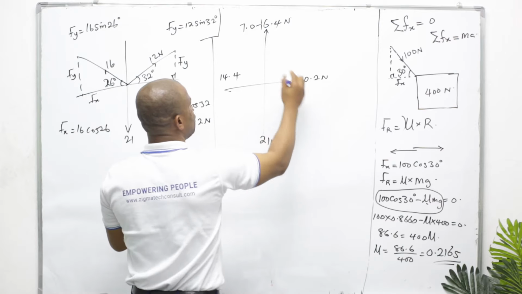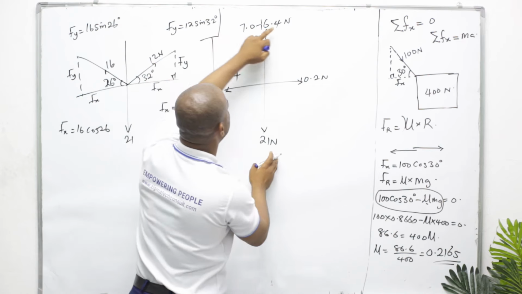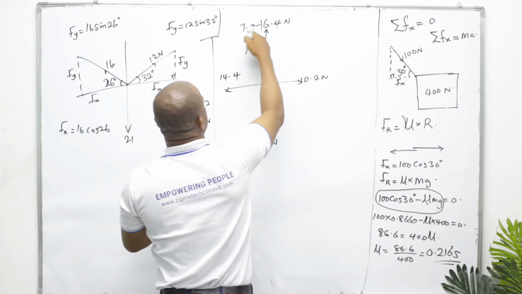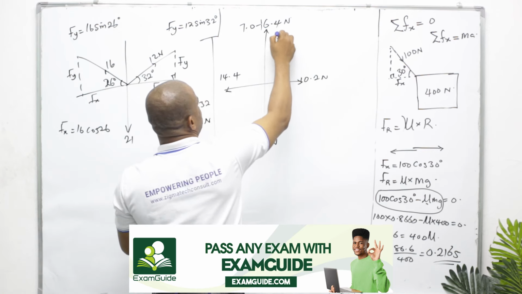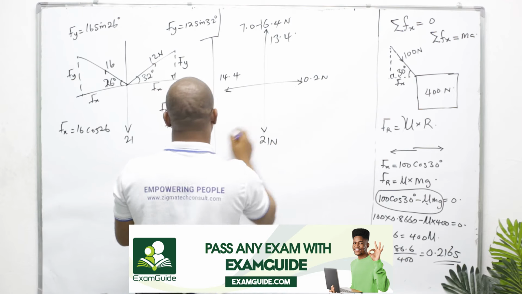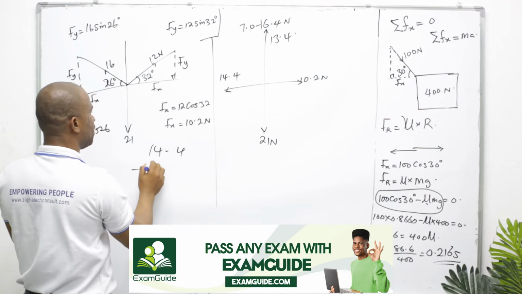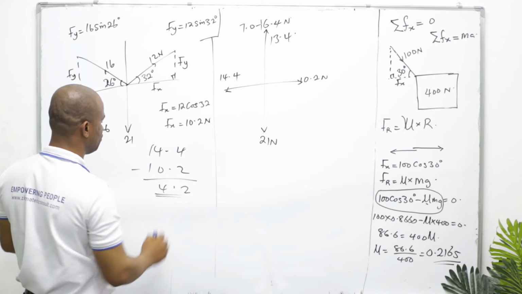Now we have this. What does that simply mean? It means that these two added together, this plus this, is 13.4. And this minus this, 14.4 minus 10.2, is 4.2.